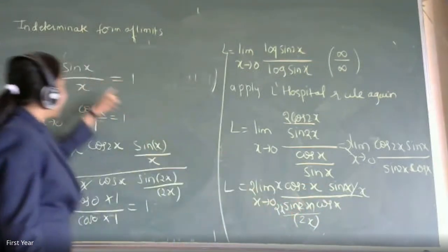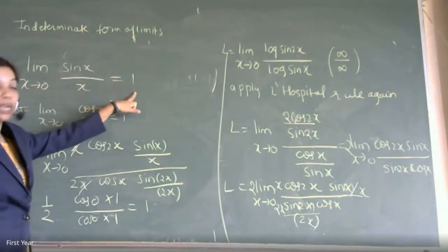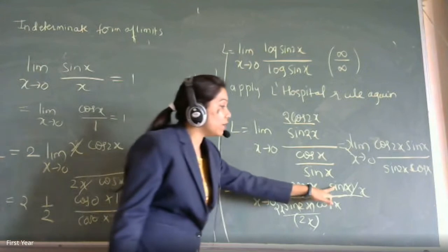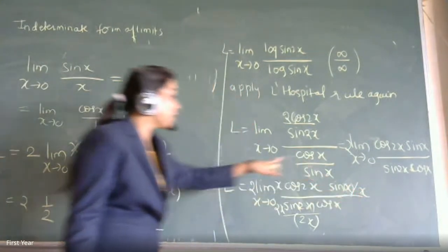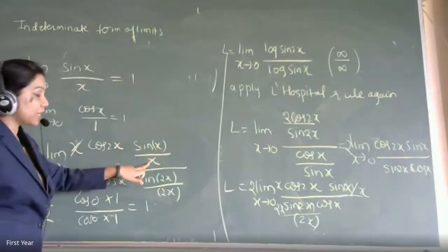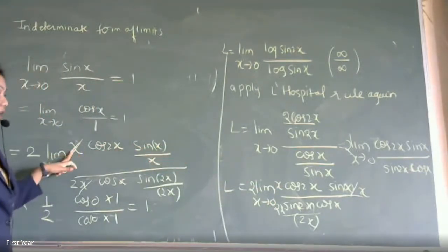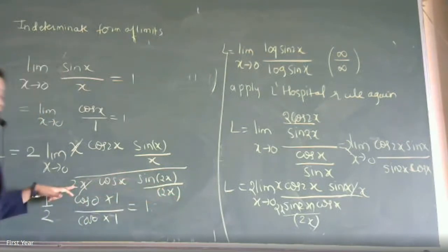So I know an identity that limit of sin x by x as x tends to 0 is 1. That's why I'm trying to convert this sin x to sin x by x. Otherwise I would not have to multiply, so that's what I did. Sin x by x, divided sin, and sin 2x I divided by 2x, so I multiply by 2x. Is it okay?